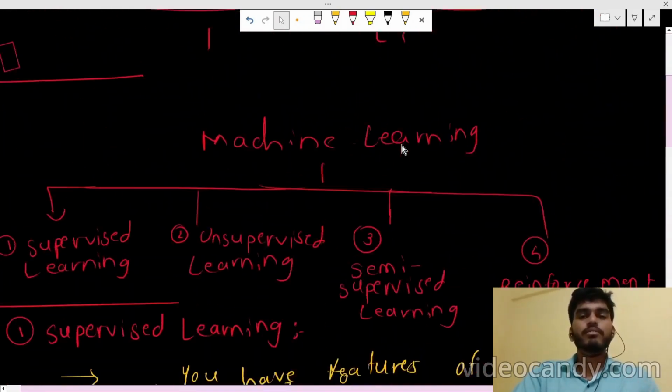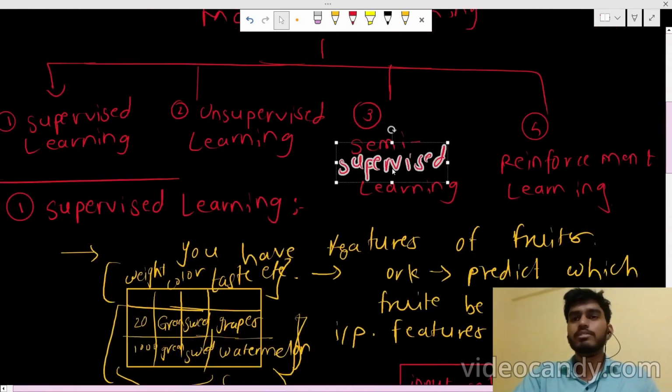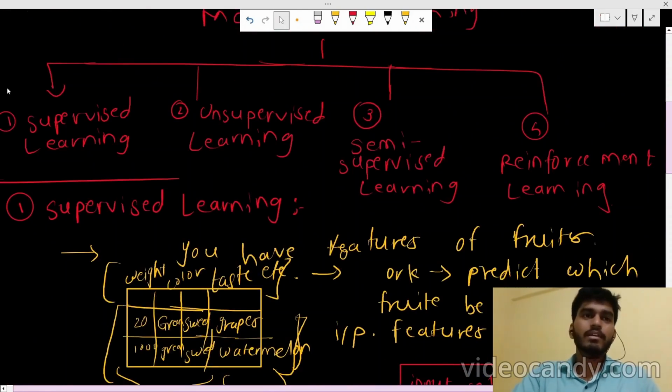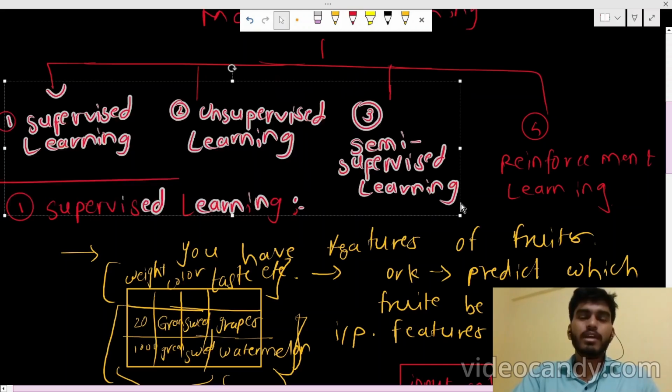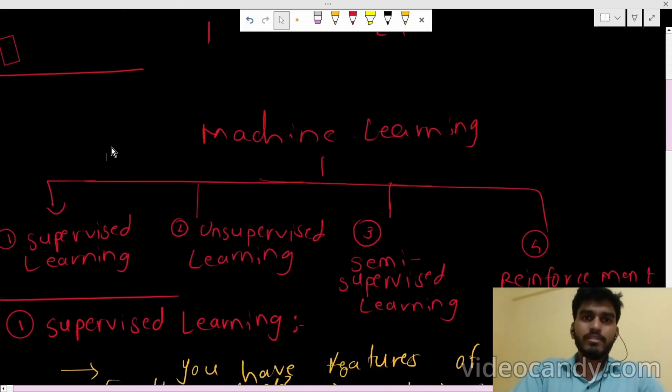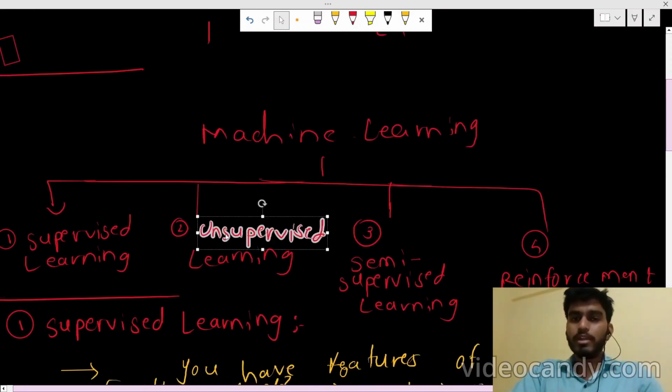So whatever we covered, that is supervised, unsupervised, semi-supervised. These three methods are kind of similar. They are taking data, generating equations, and giving you output, right? The major difference is that unsupervised learning requires only unlabeled data, and it will create clusters.